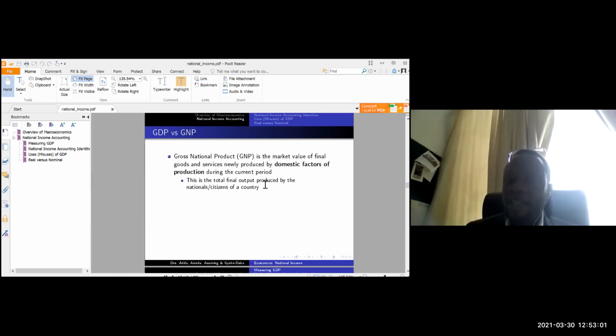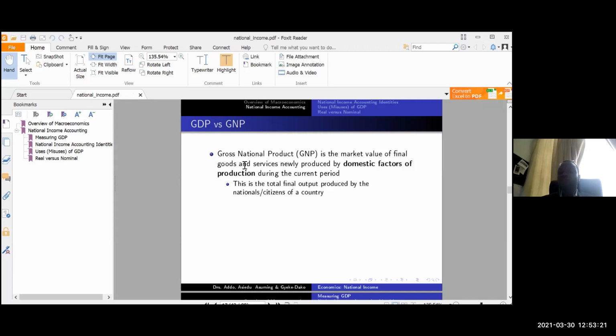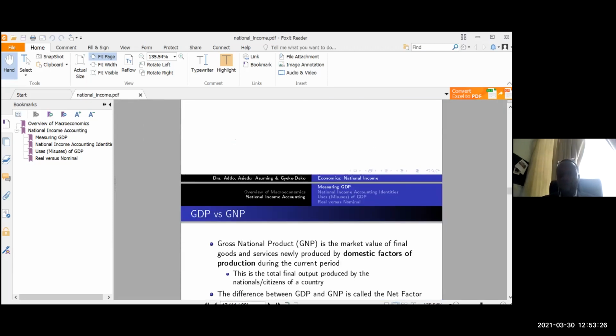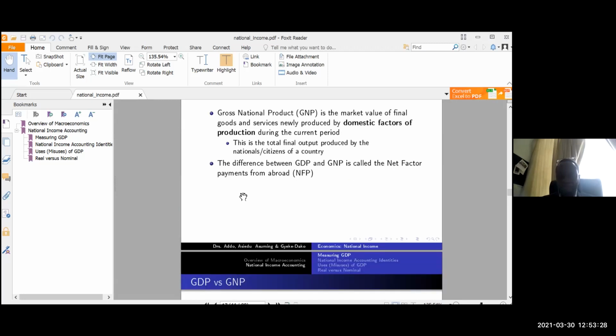That is the key difference. Whilst one is gross domestic product, this is gross national product, the output produced by the nationals. It's possible that you live in a country, but the output is produced by foreigners. When we count the GDP, it's so high, but most of it is coming from foreigners. I think we ended on this slide.